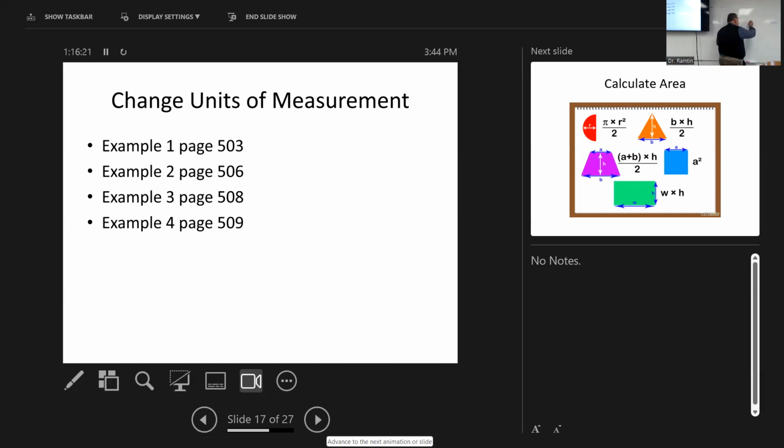If I want to multiply this feet by a fraction, the feet has to go in the denominator. So 5,280 feet is equal to 1 mile.